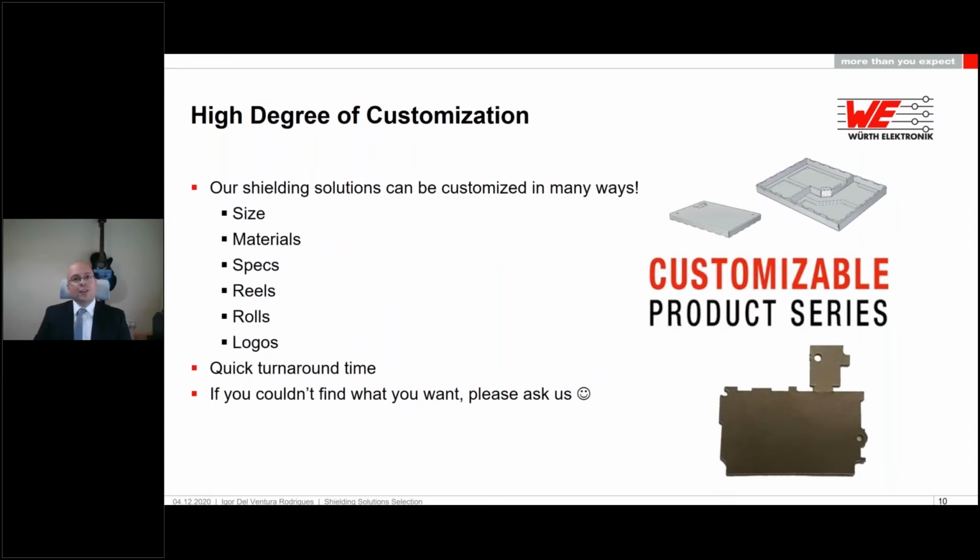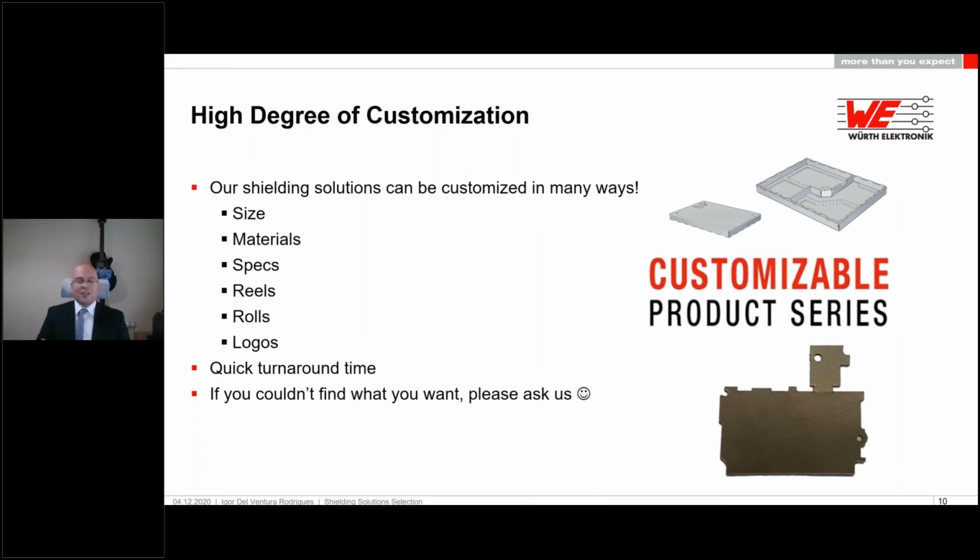And whenever you think about Würth Electronics shielding solutions, always bear in mind the high degree of customization that we can offer. So whenever you are browsing around our website or chatting to any Würth Electronics representative, please bear in mind that if you don't find your exact solution, we can always customize it.